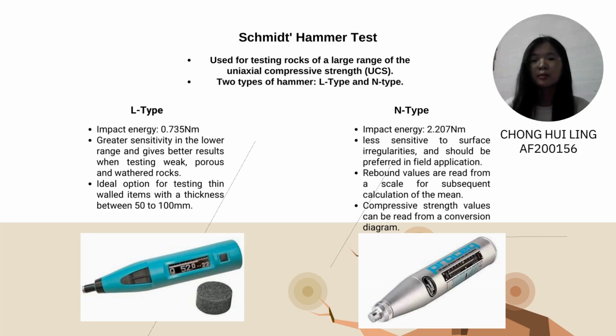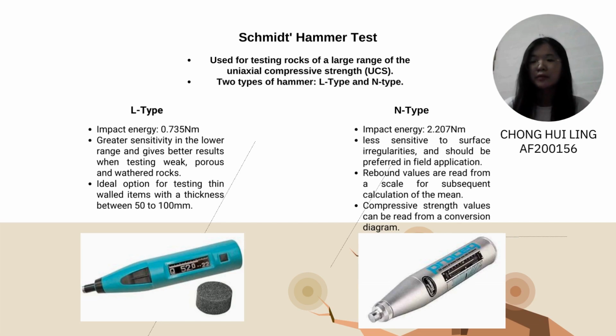the uniaxial compressive strength (UCS), and there are two types of hammer, which are the L-type and N-type hammer. For the L-type hammer, the impact energy is 0.735 Newton meter, and it is more sensitive in the lower range and gives a better result when testing weak, porous, and weathered rocks.